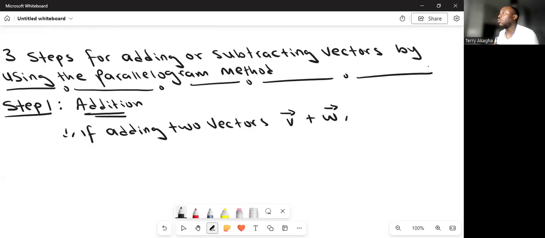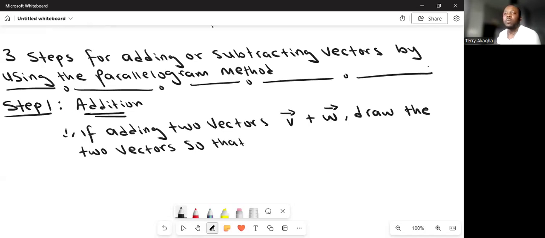So you have to first draw the 2 vectors so that they have the same initial point.